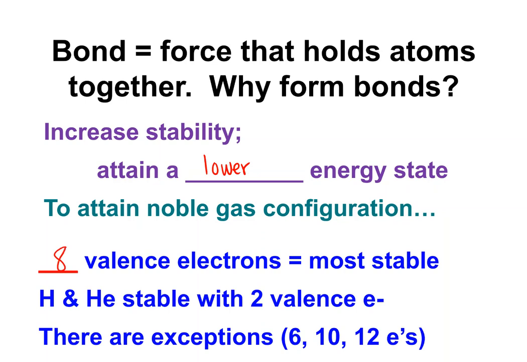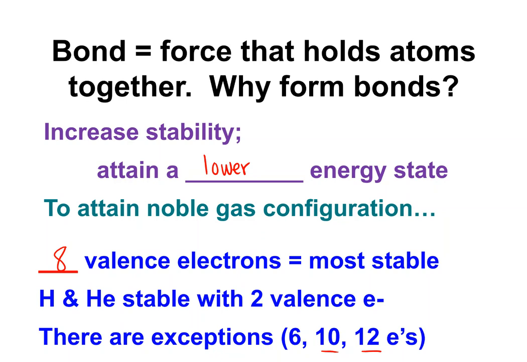That's their most stable. Except for hydrogen and helium, those small atoms can only have 2 because they only have the first energy level. And note, there are exceptions, and we will see some of these atoms that can have more than 8. Sometimes that is stable as well. So their goal is to have 8 valence electrons.